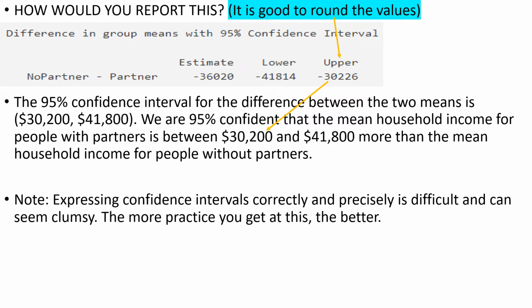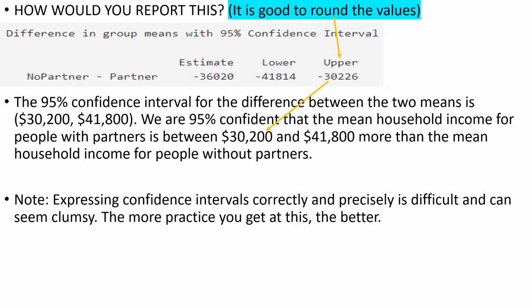In other words, people, we can't say it will be exactly 36,020. I've already explained this a lot to you. You only have a certain confidence that it will fall within that specific range. A 95% confidence. And even then you can't be 100% sure, because there's a 5% probability that it will fall outside that range.